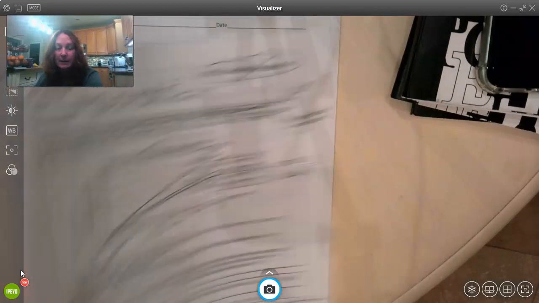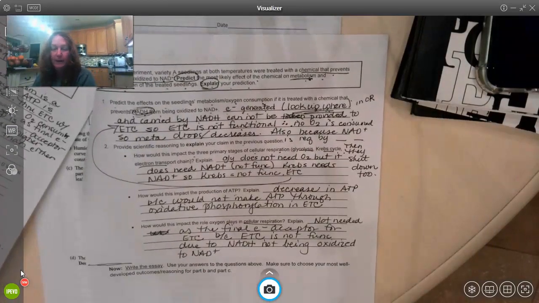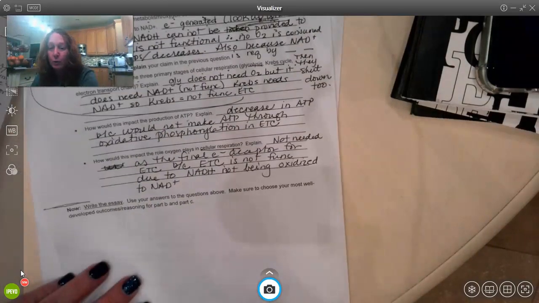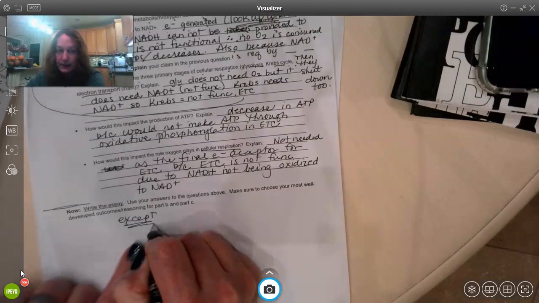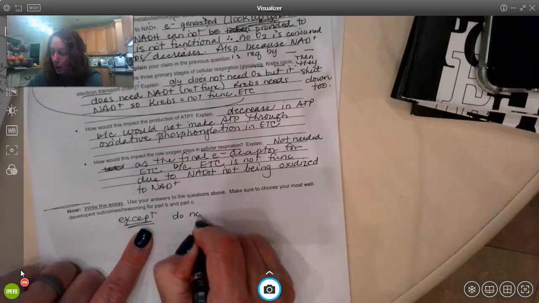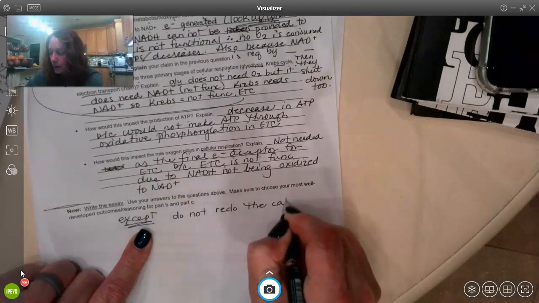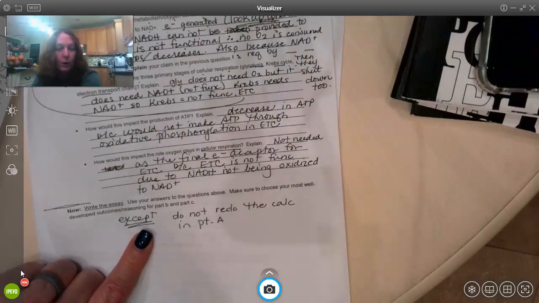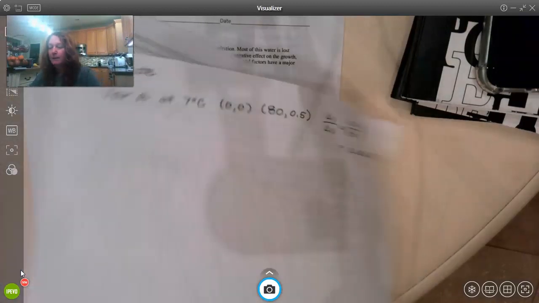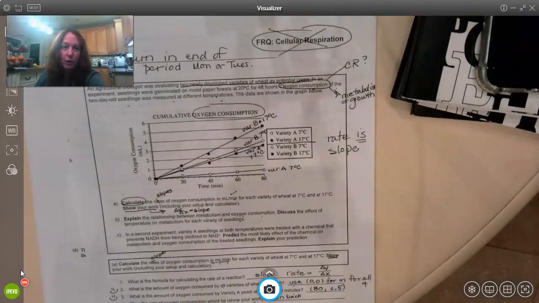And that means that you have written the whole thing. Now, the one thing that you don't have to do, I'm going to put a big thing right here, except do not redo the calculation in Part A. Don't waste your time copying this from back here over onto another piece of paper.